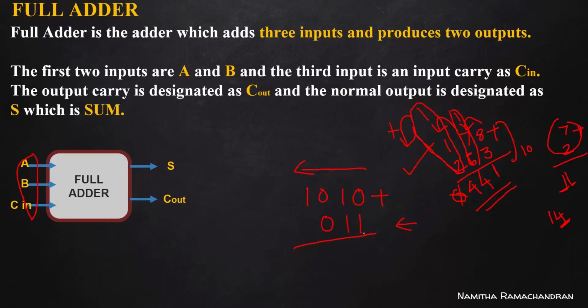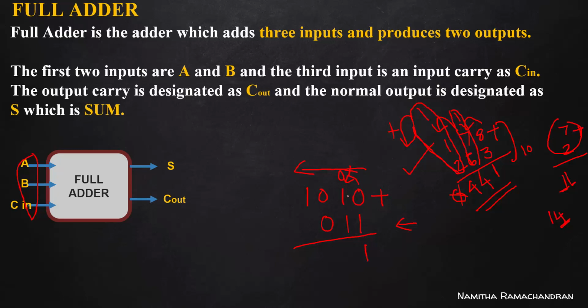Here 0 plus 1 is 1, and it will not generate any carry to the next level. No carry means carry is 0. Here we need to add 2 bits and the carry, which is 0 because there is no carry from the previous level of addition.